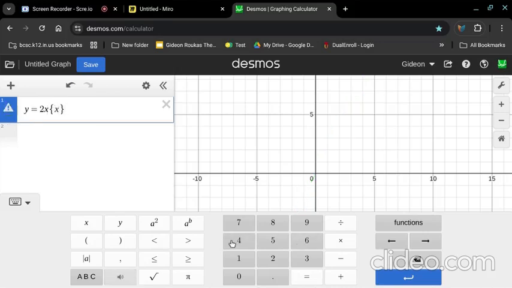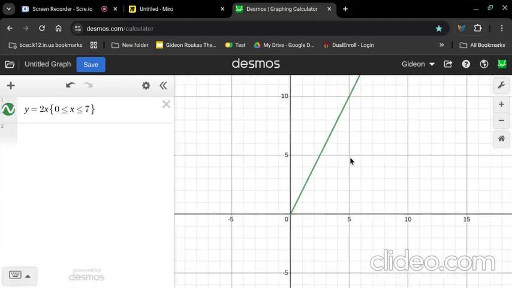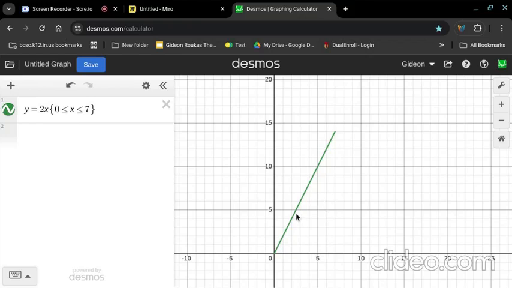This x is less than 7 or something of that nature. And then you could also put the other side here and see it's greater than or equal to 0. And that will automatically restrict your domain here.